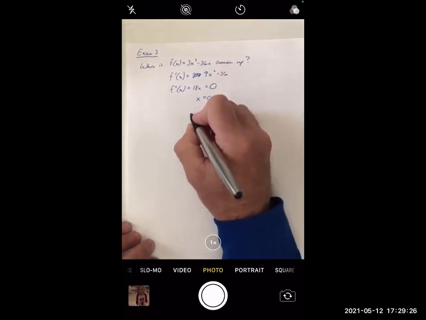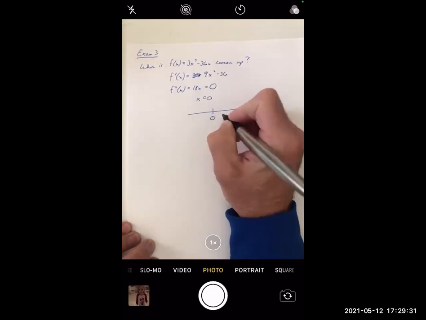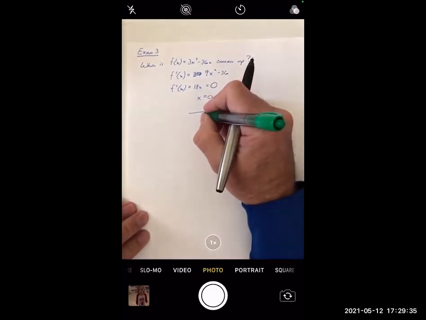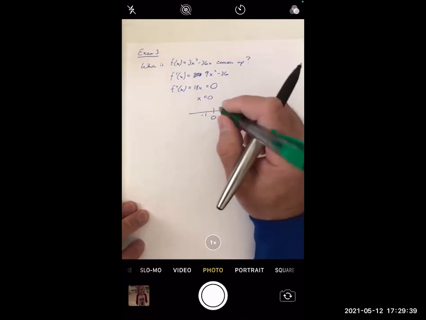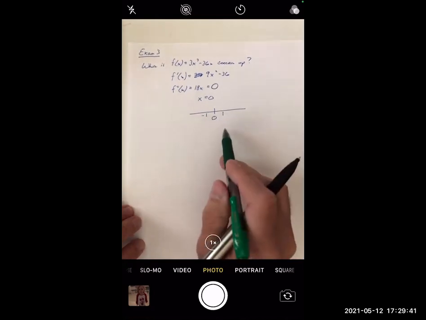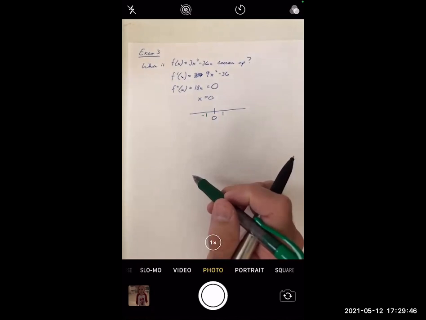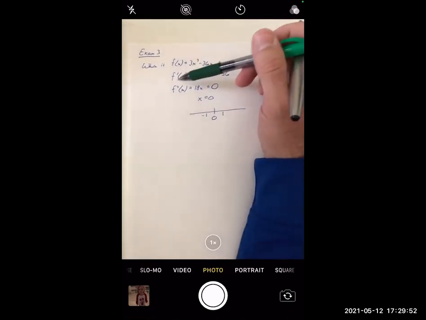So x is 0, and then you can use your sign chart again. So any number less than 0, I think most people picked -1. Anything bigger than 0, just pick 1. And then where do you test them? In the second derivative? Yep.